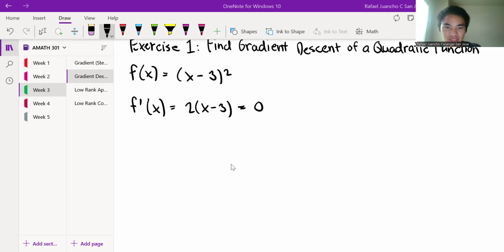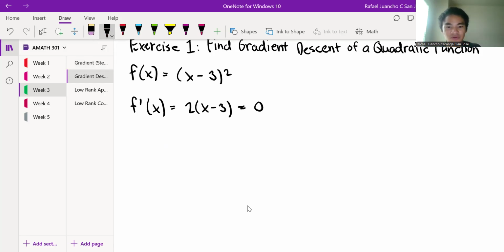But let's make it more complicated. Or not necessarily complicated. Let's make it more into a gradient descent thing. So here's the formula actually for a gradient descent. Actually, no, I'm not even going to write it.